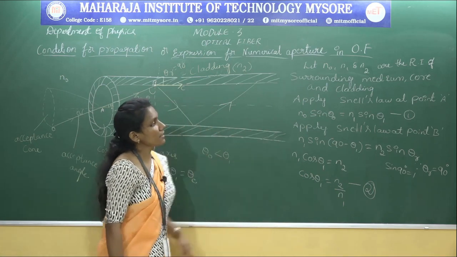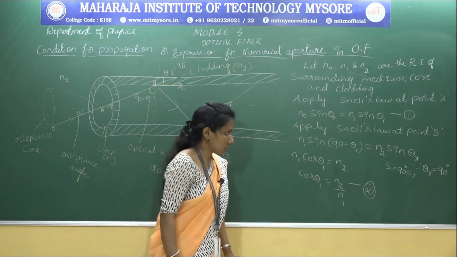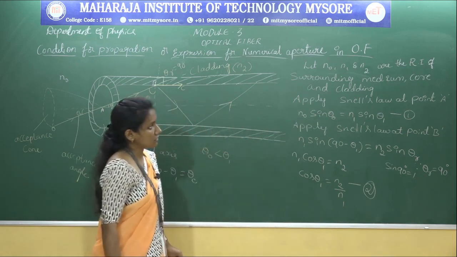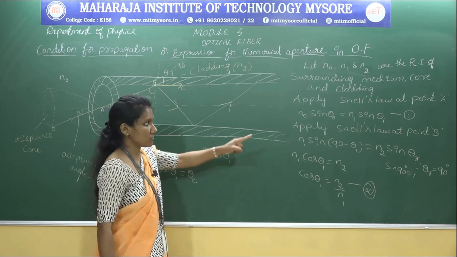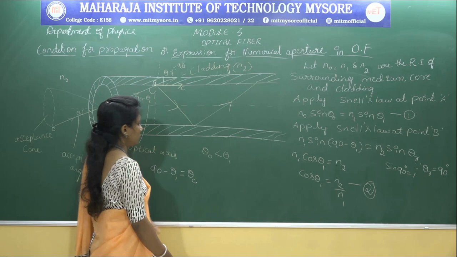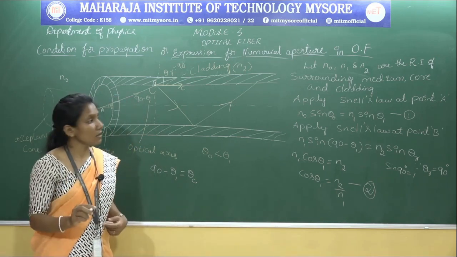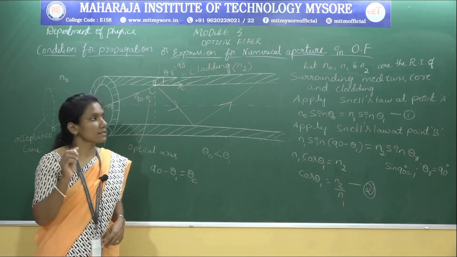Now again we have to make the rearrangement of equation 1. If we rearrange equation 1 in terms of sin theta 1, and we know cos square theta plus sin square theta is equal to 1, from that we have to get sin theta 1.